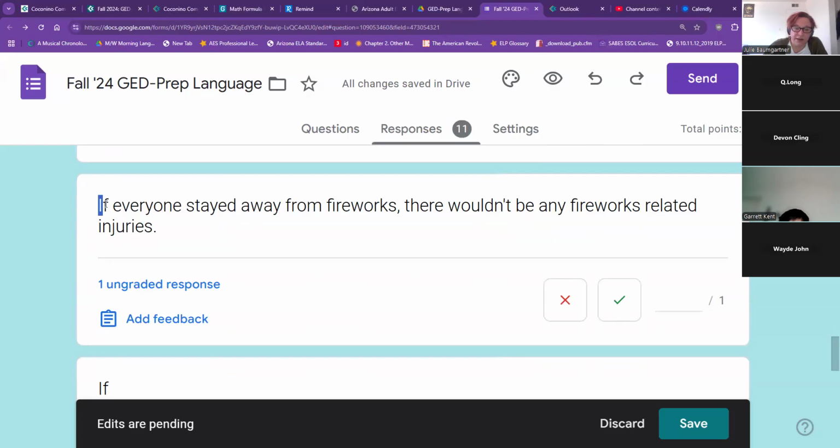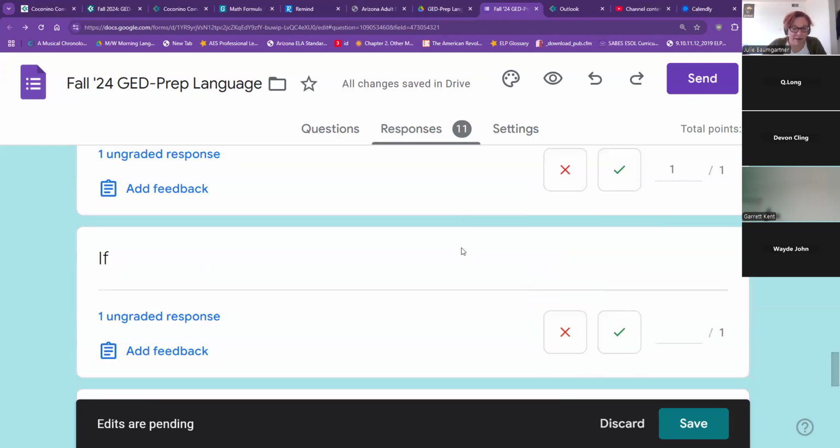And sometimes, we talked about this a little bit, if signals cause an effect, it creates what we call that conditional type situation. If blank, then blank. And so once again, it's very common in problem solution. So if you had maybe just chosen if as our signal, but the whole sentence, not so much. I already gave points, so I didn't include if, but I think it's okay.